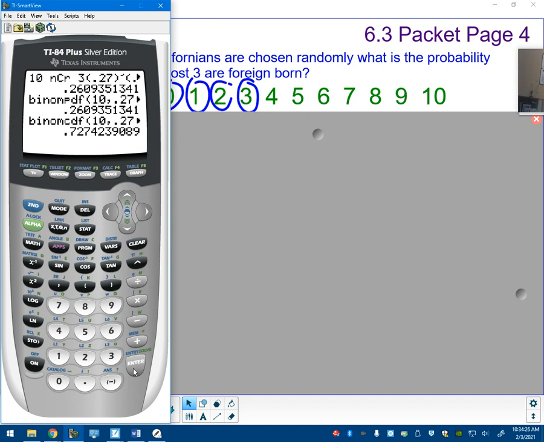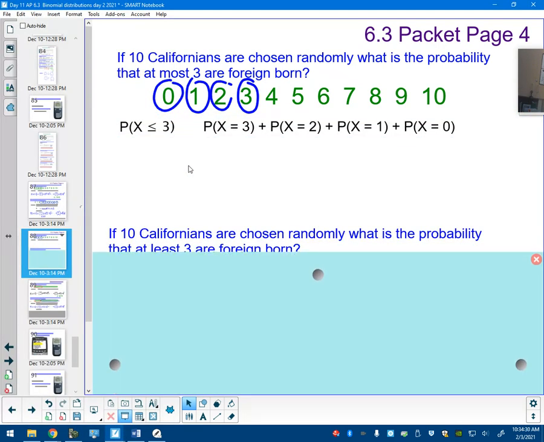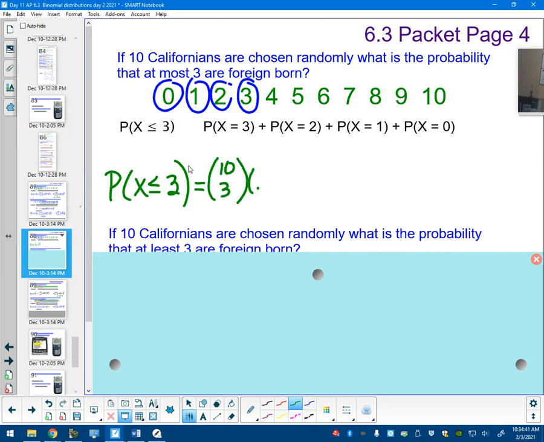So what's the notation you want us to write, Mrs. Garrett? Well, I'm glad you asked. This is what I want you to write for the notation. The probability that X is less than or equal to 3, because that's what at most means, is 10 choose 3 with a success rate of 0.27, which means the failure rate is 0.73.